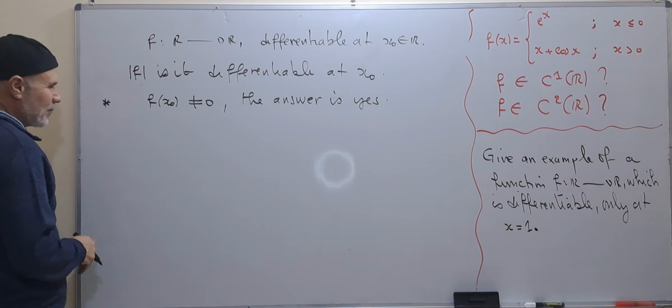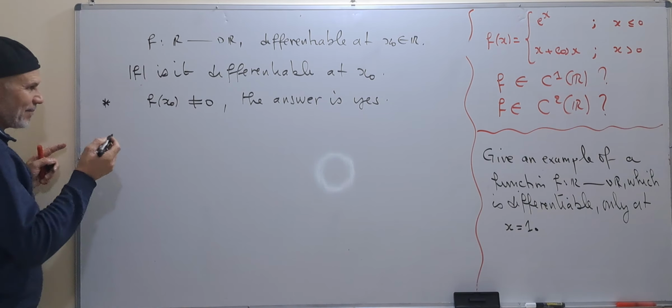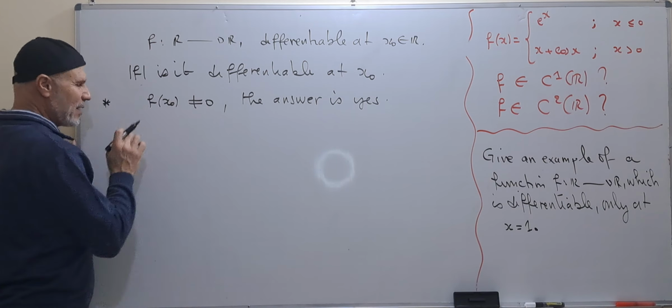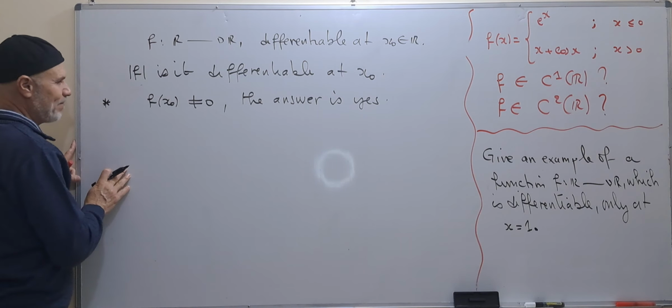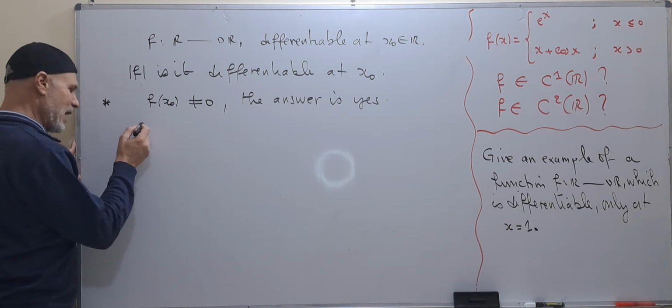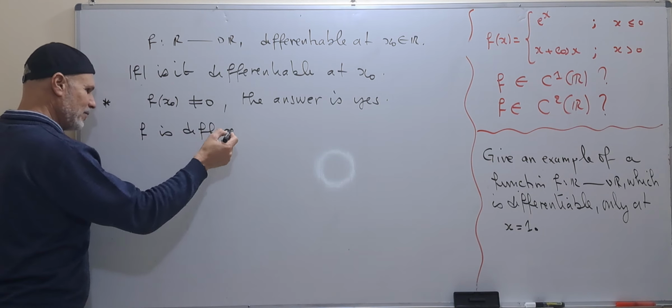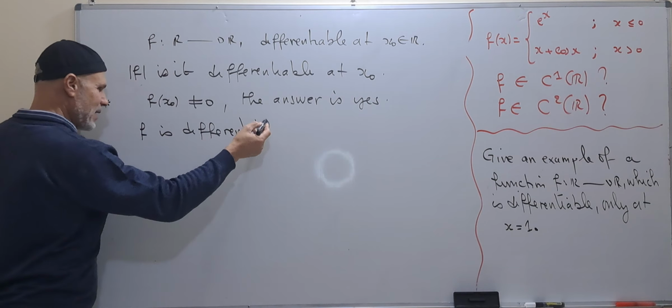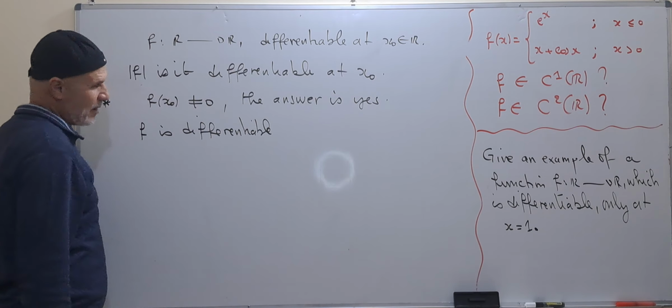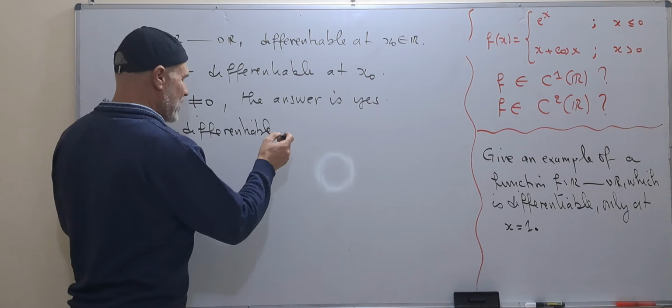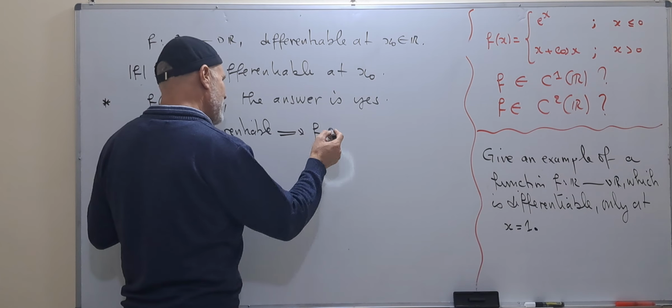Why? Because in this case, suppose that f of x0 is different from 0. Don't forget that f is differentiable. This is a hypothesis. If it is differentiable, this means that f is continuous.